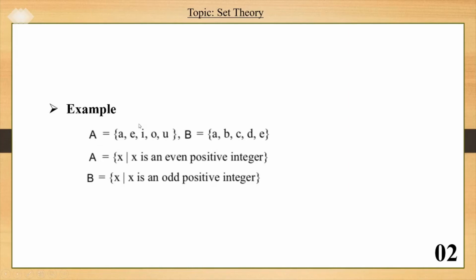In roster form, we write the members of the set in a bracket, and each member is separated by a comma.